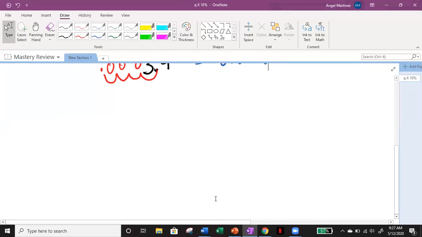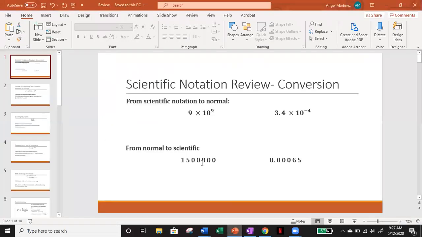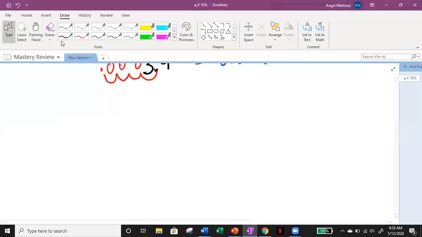Now let me show you how to convert from a big number to scientific notation. Here we have around 1.5 billion, and we're going to change that to scientific notation. Let me write that number down. You do the same thing as last time.